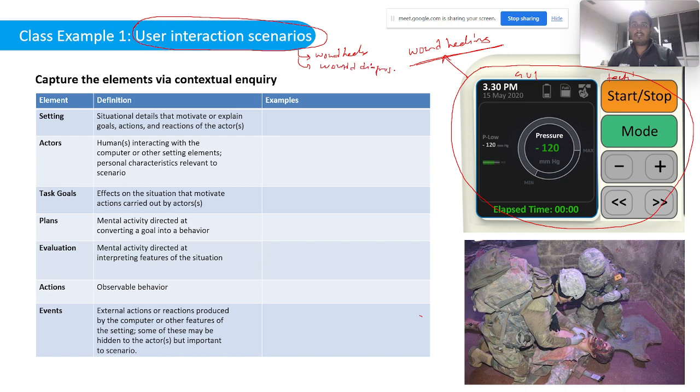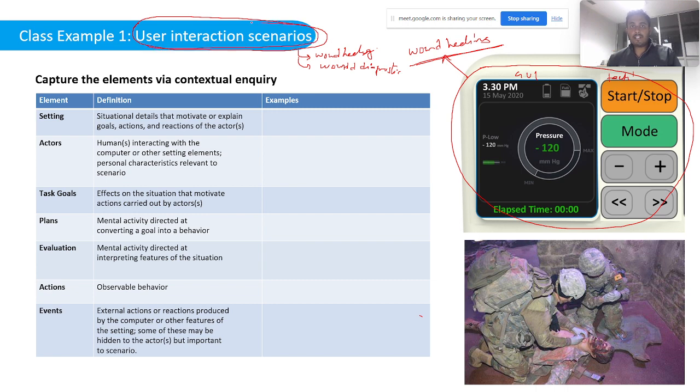These are examples. So probably it has two use case scenarios. But you want to understand one particular instance, wound healing, and for that you immerse yourself in a contextual inquiry, where you try to analyze a user interaction scenario.